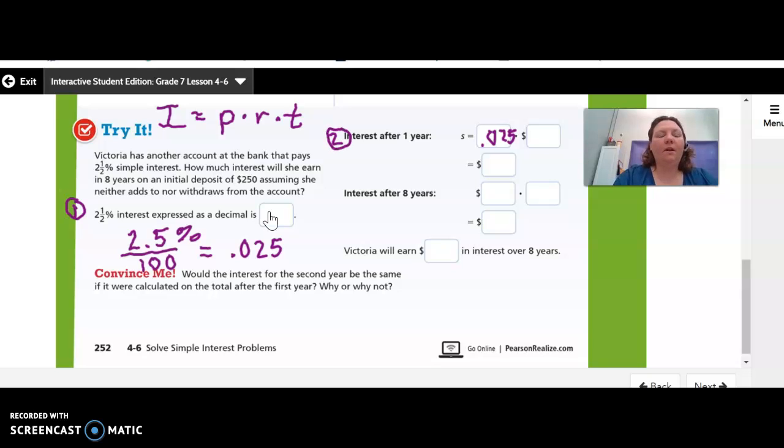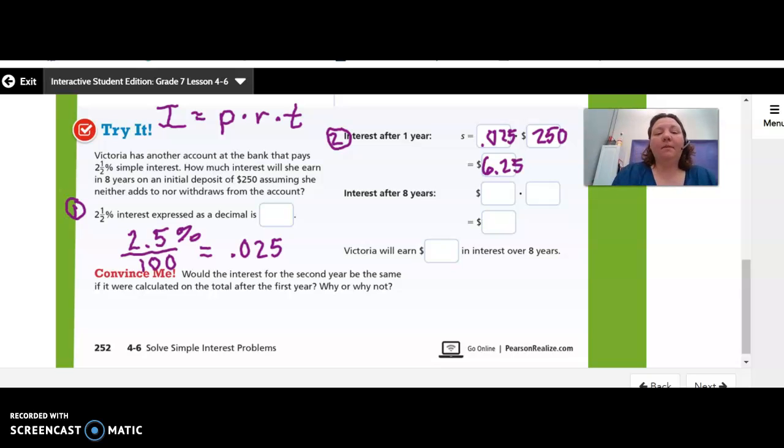For those who are following along and are my concrete sequential learners, 0.025 times the amount of money that I put into the bank. Okay, so 0.025 times 250, we can pause and find that answer. So I took my calculator, and I've got 0.025 times 250, and that tells me that in 1 year I'm going to make $6.25 interest. That's a really good interest rate.